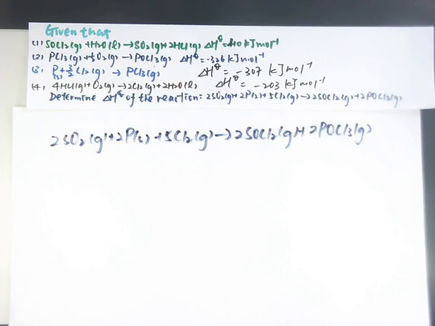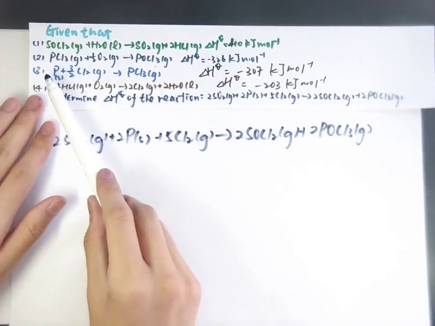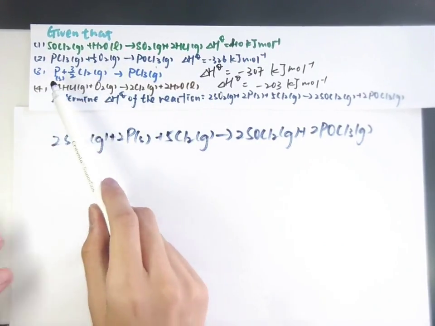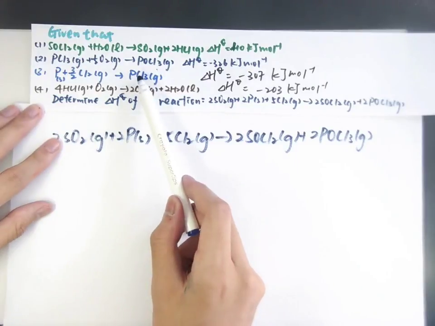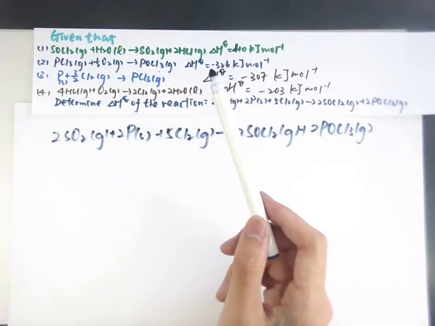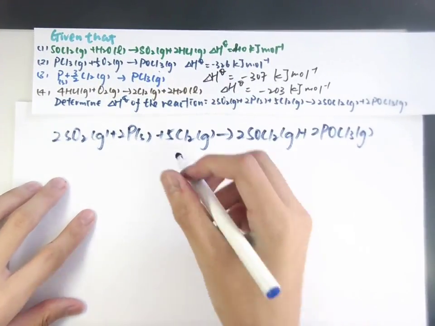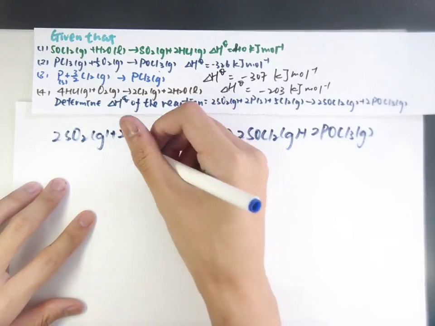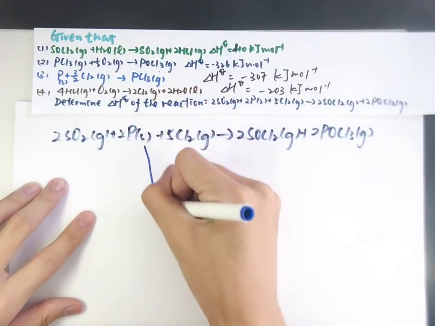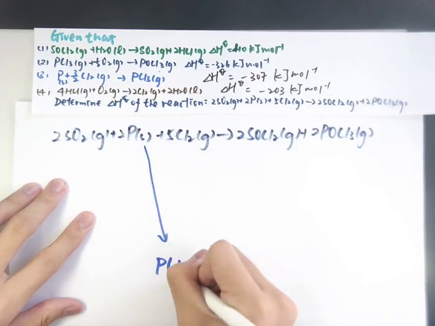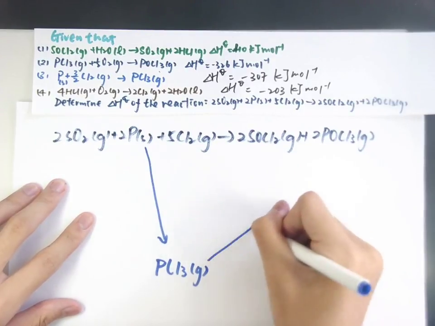From equation 3 and equation 2, we can see that P can first form PCl3 and then form POCl3. Can you see that? So we are going to use this property. First of all, we form PCl3, and then we form POCl3.